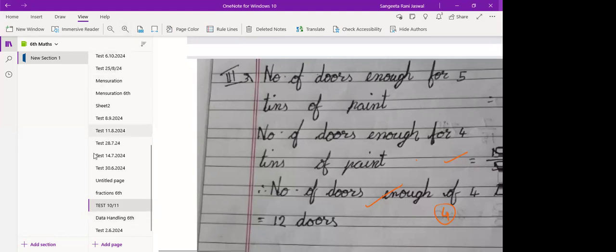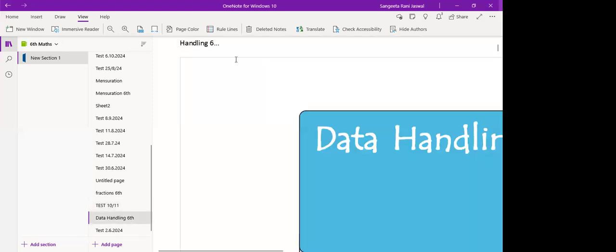Okay, still we'll revise sometime later. Let's move on to data handling. Ma'am, we started data handling today in school. Okay, so here also we are starting with data handling today, right?